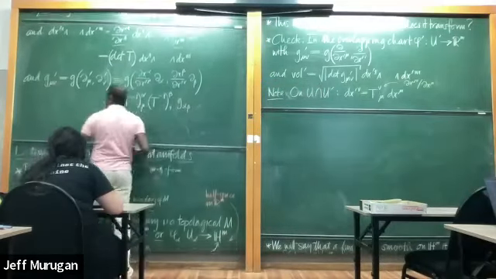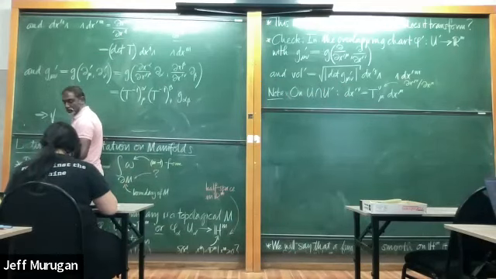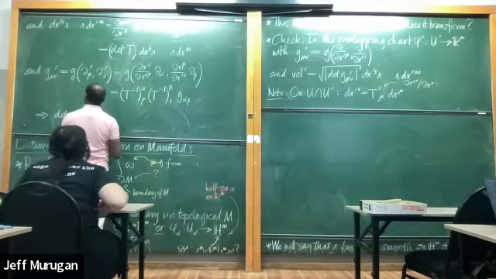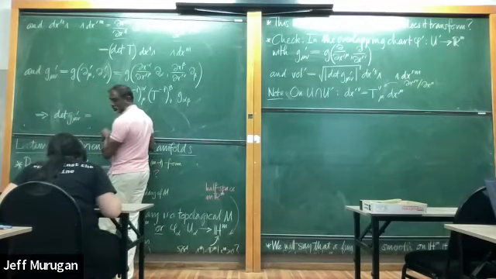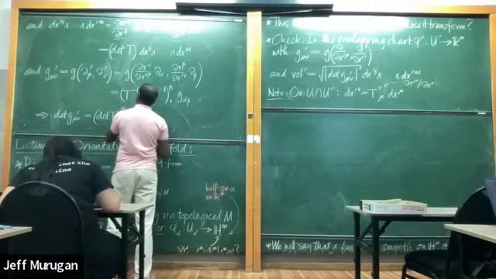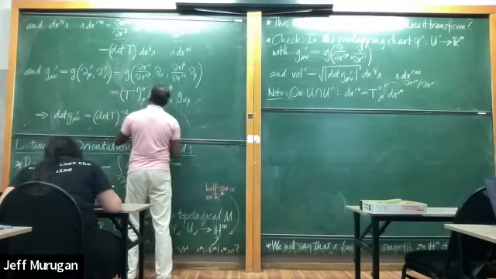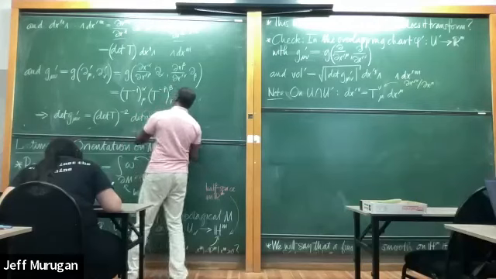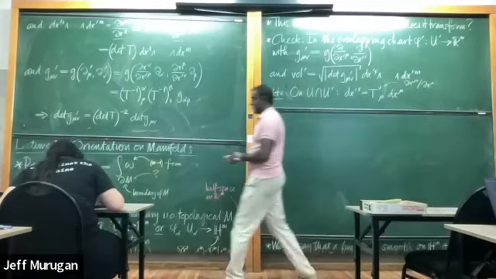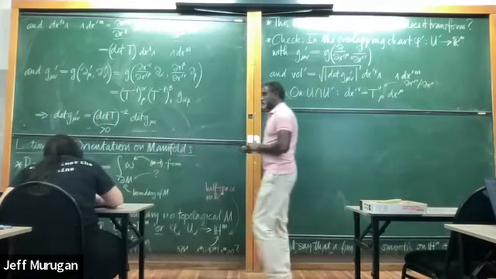So it follows that the determinant of G prime is the determinant of T to the minus 2 times the determinant of G, because the determinant of the inverse is one over the determinant. If this is an oriented manifold, then this is a positive number, and I can take the square roots.